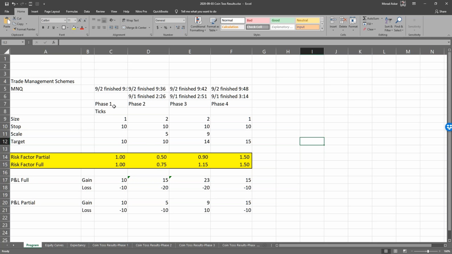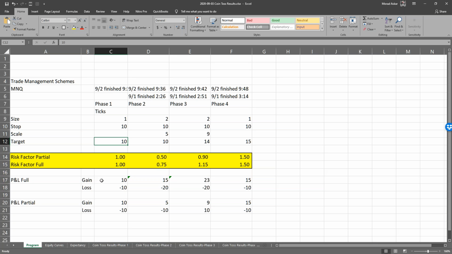The first phase in the MNQ is trading a 1 lot with a 10-tick stop and a 10-tick target. Now that's very, very tight for the NQ, and the reason I made it that way is because the NQ is so thin, we have an almost equal chance of getting our stop versus our target here.